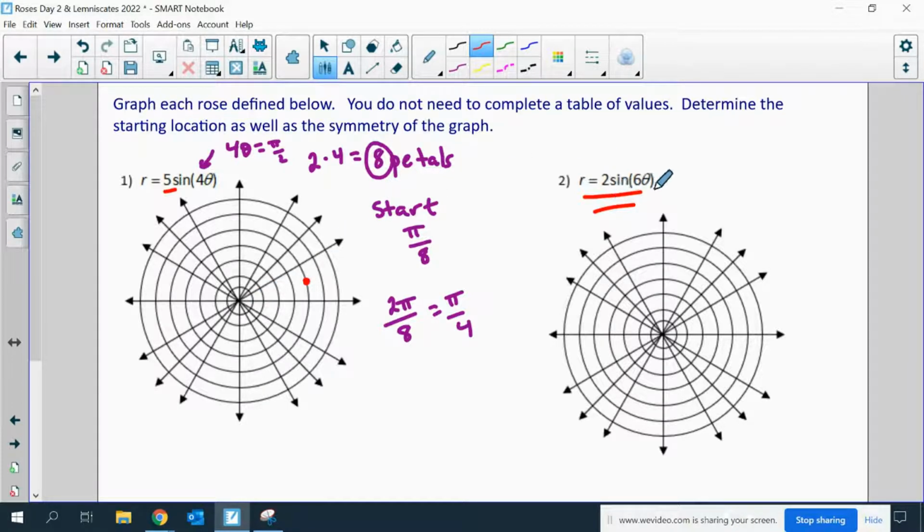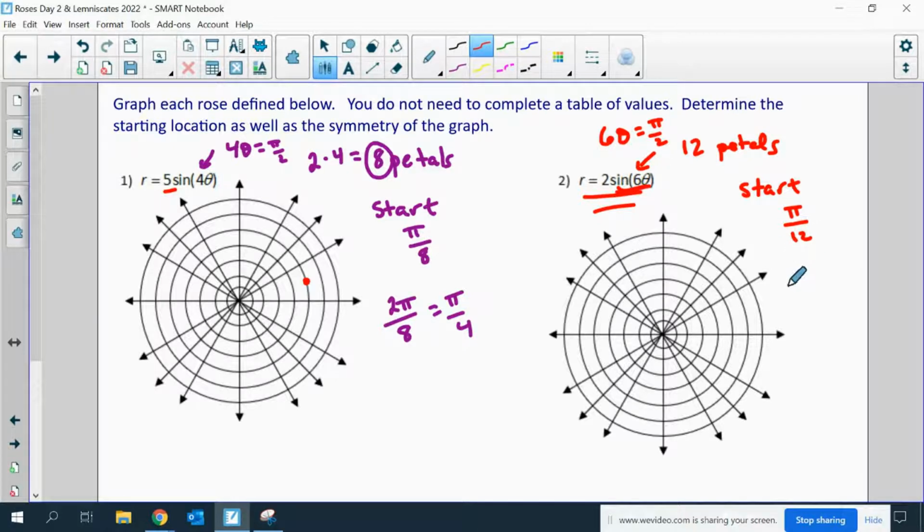If I have 2 sine of 6 theta, since this is even, I know I have 12 petals because 2 times 6 is 12. I will start at pi over 12, since 6 theta has to equal pi halves for this to be maximized.